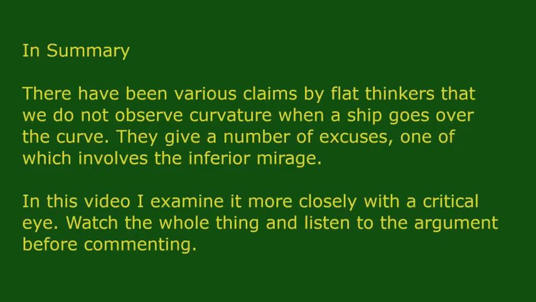Okay, here we go. I'm just going to summarize a little here. We've had claims by flatties that we do not observe curvature when a ship goes over the curve. There are always a number of excuses, and one of them involves the inferior mirage.